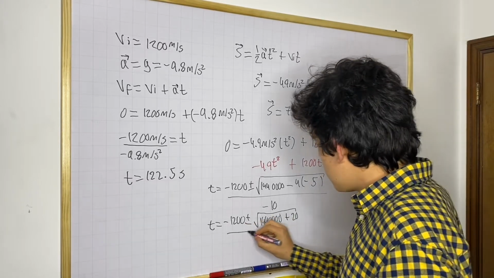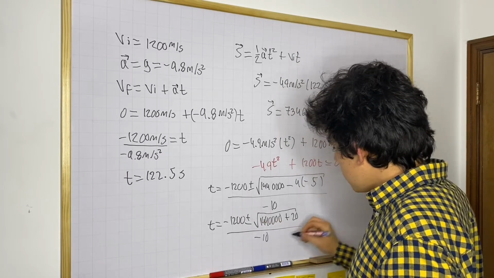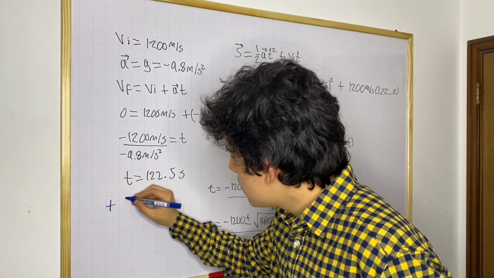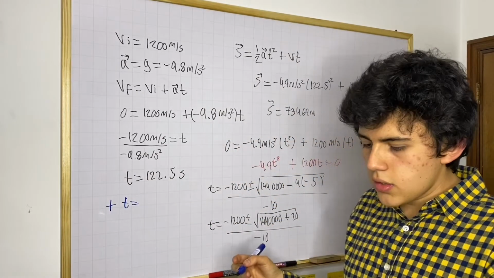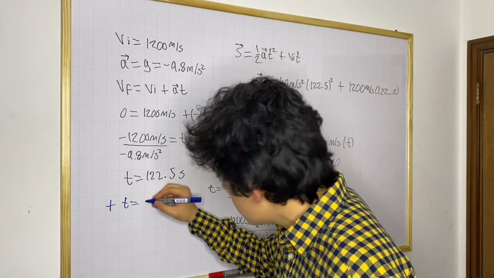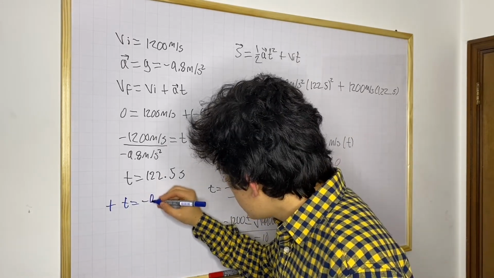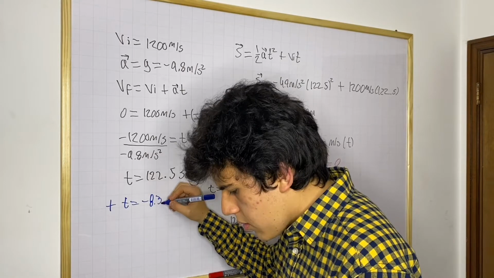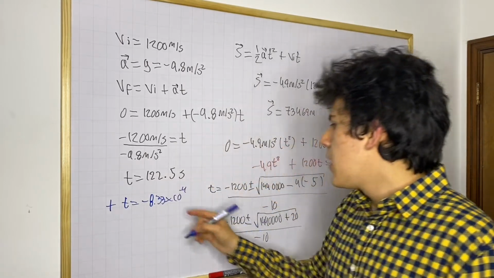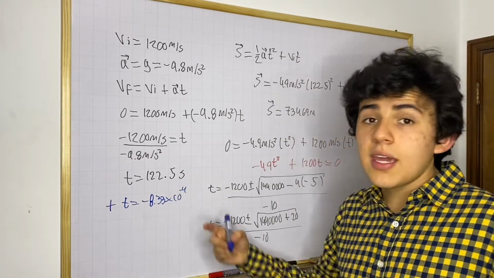So let's see how much is time. For positive time, if we use the positive value of the square root, we get a pretty weird number that doesn't make any sense. We have negative 8.3 times 10 to the minus 4. This makes no sense because time cannot be negative.